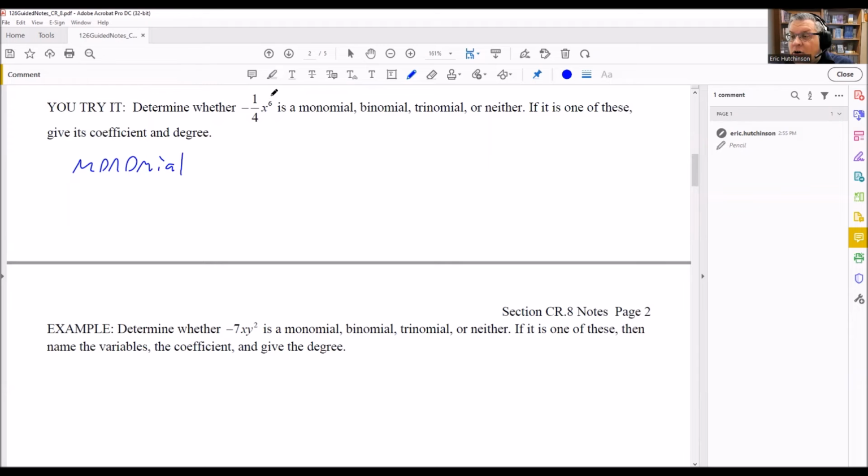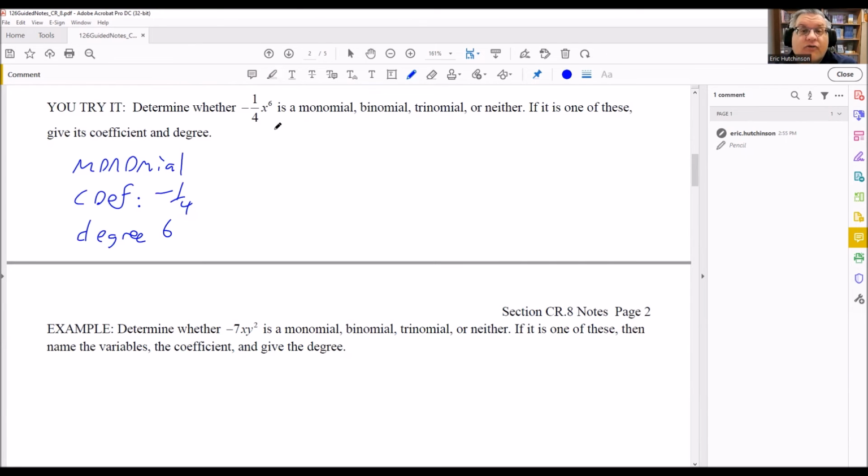And because the power is a whole number, it's one of the counting numbers, that's how we know, again, it's going to be a monomial there. The coefficient is the number in front of the x, so negative 1/4. And we're going to say, once again, this is a degree 6. So degree 6 monomial is what we have here.